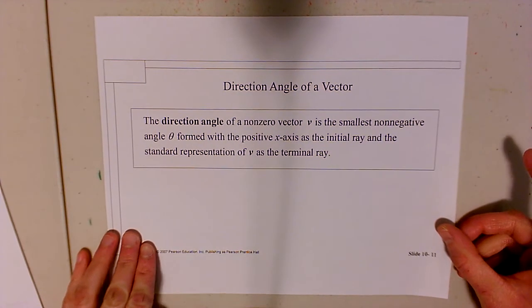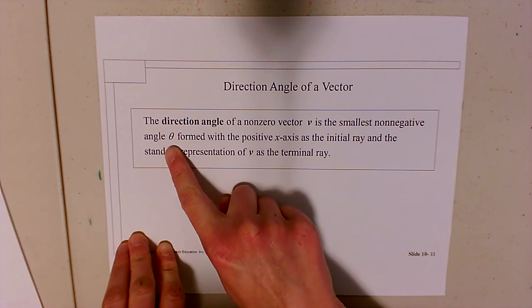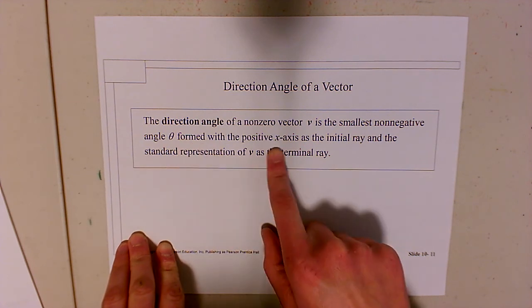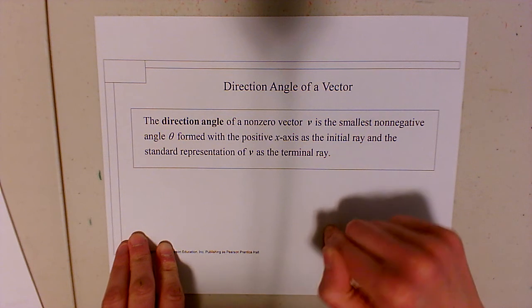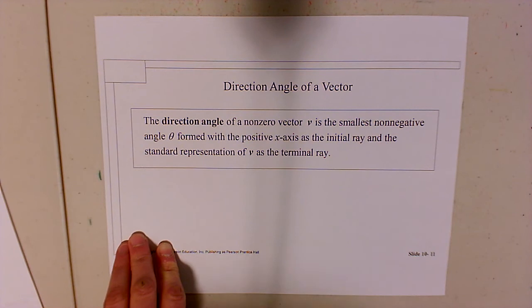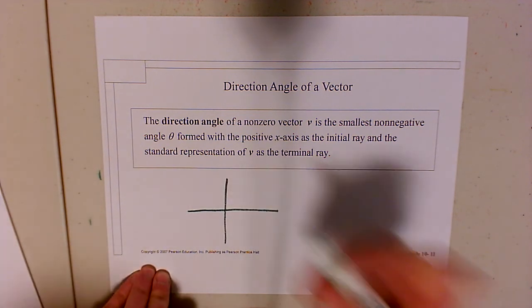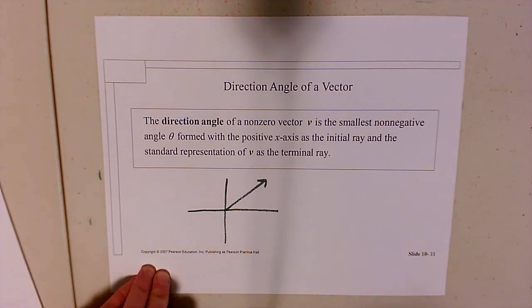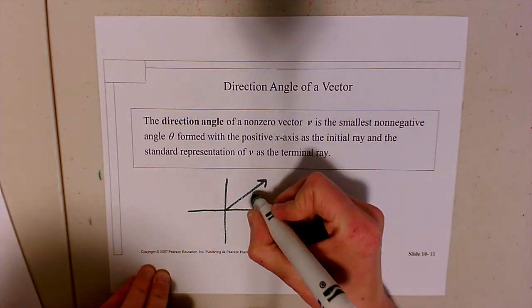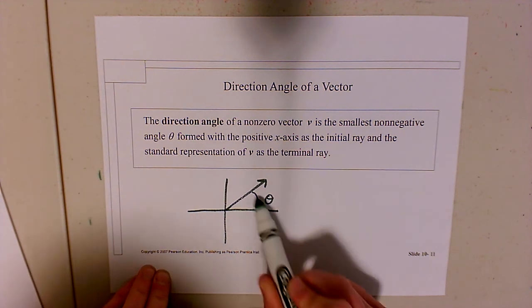The direction angle of a vector, specifically of a non-zero vector, is the smallest non-negative angle theta that you would form with the positive x-axis as your initial ray, and the standard representation of it is the terminal ray. So if you have some vector shooting off that way, the angle that we're going to use to measure it starts from our positive x-axis and goes up to it.